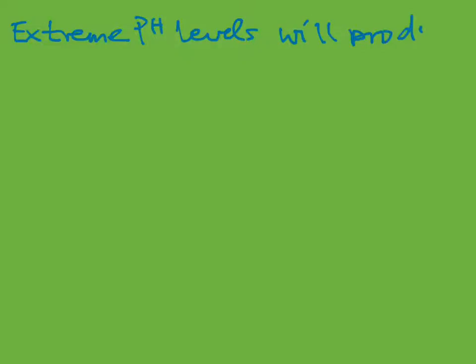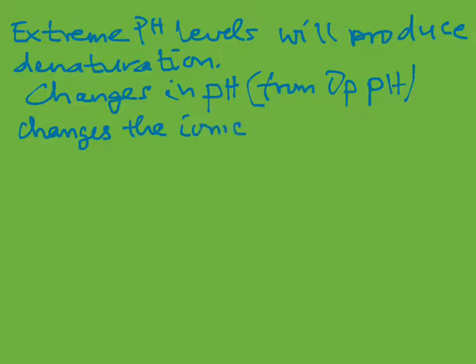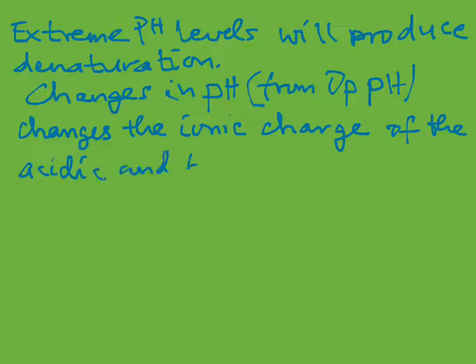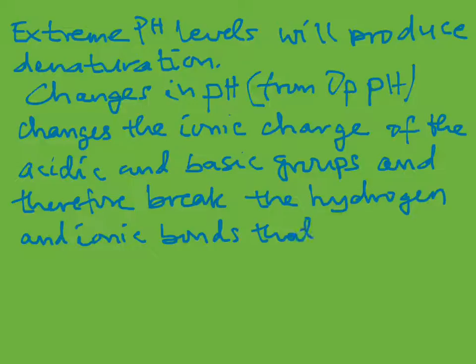Extreme pH levels will produce denaturation. We should understand this, because if we do not understand the pH scale, we may not be able to understand what we are talking about. It is imperative for us to know that on the pH scale, from 0 to about 7, it is acidic.